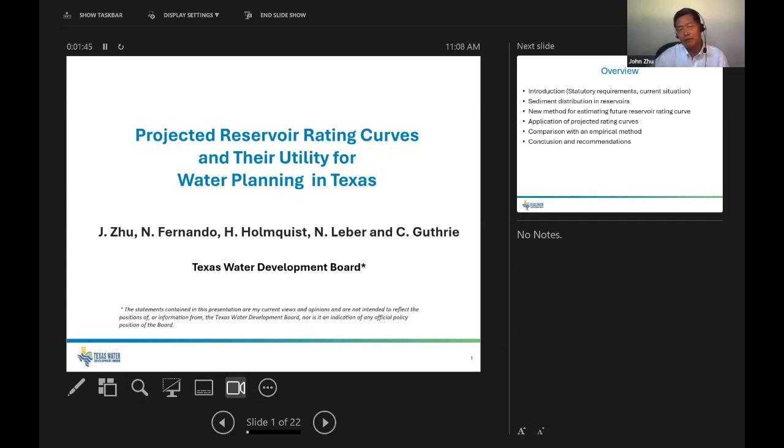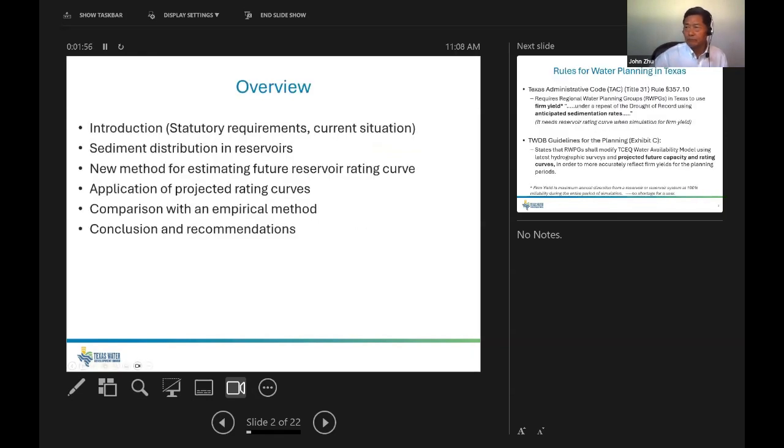Yeah, and my presentation topic is projected reservoir rating curves and their utility for water planning for Texas. So the overview of my presentation is, first, we will have an introduction including the statutory requirement and then the current situation for using this reservoir rating curve. And then we will start from the sediment distribution in the reservoir as a foundation for our new method.